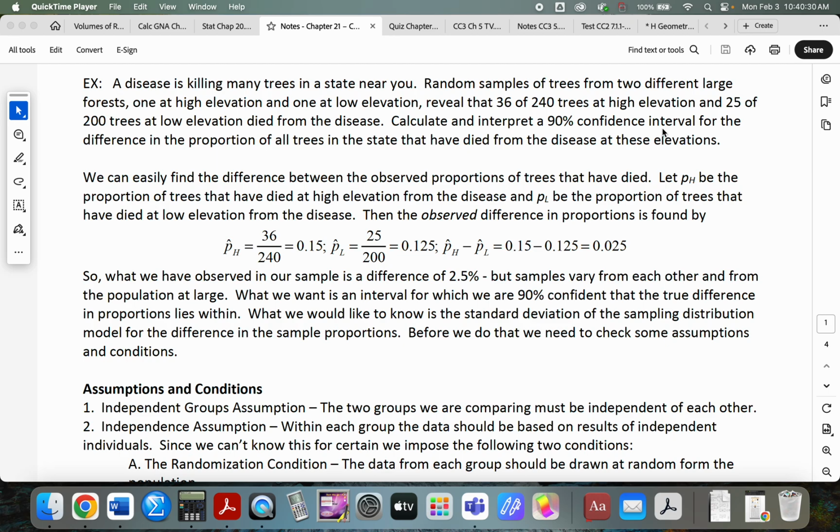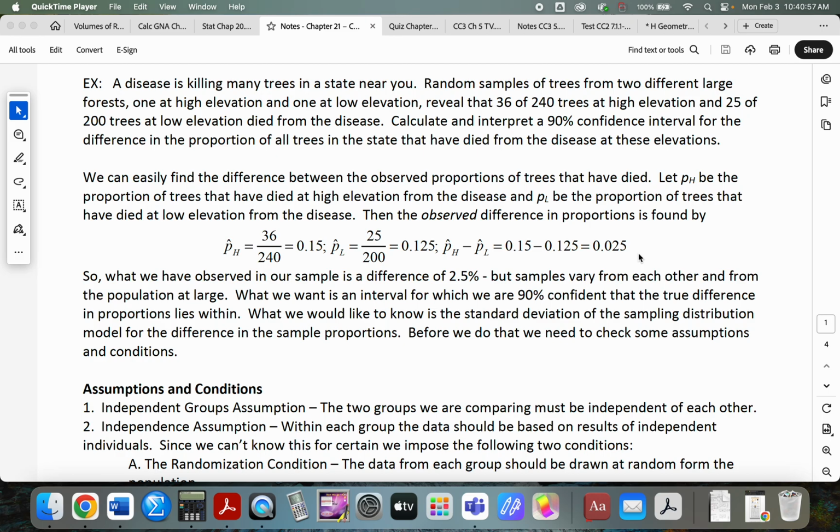Then the observed difference in the proportions is found by, first of all, finding the observed proportion that died at high altitude, which was 0.15, and the observed proportion that died at a low elevation, which is 0.125. And the difference between the two is 0.025. It's a 2.5% difference between the two.